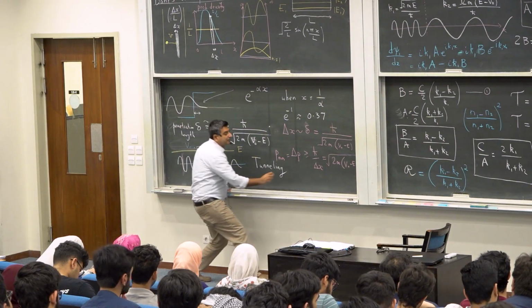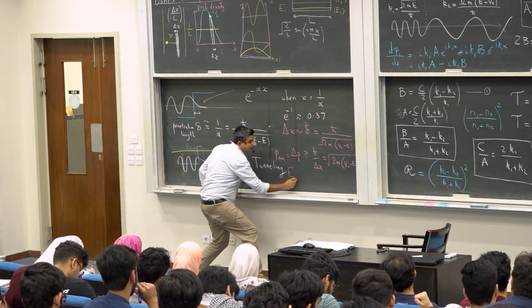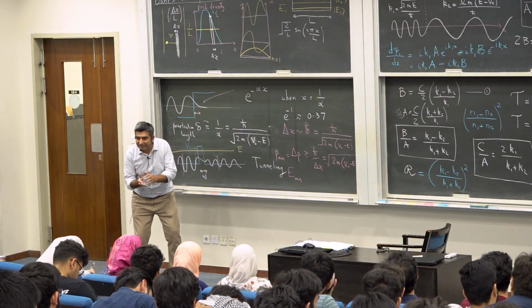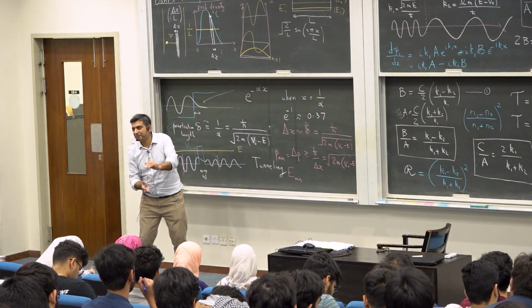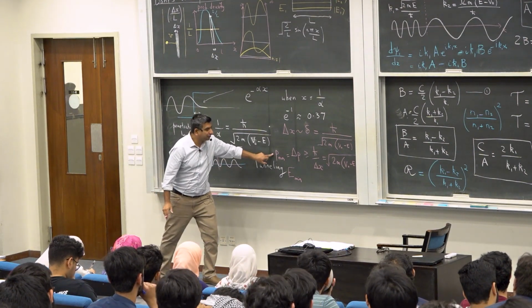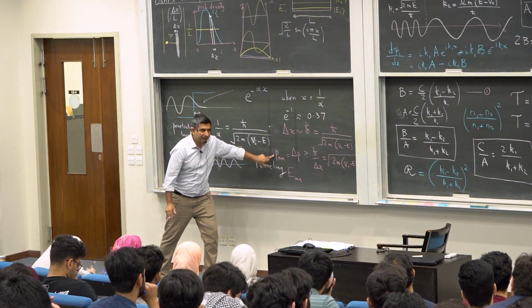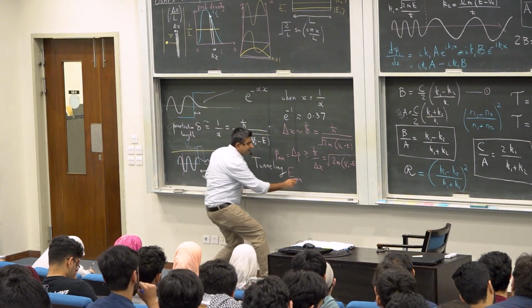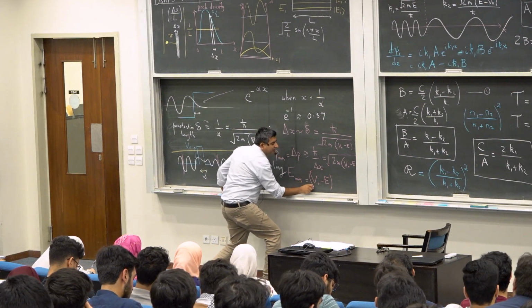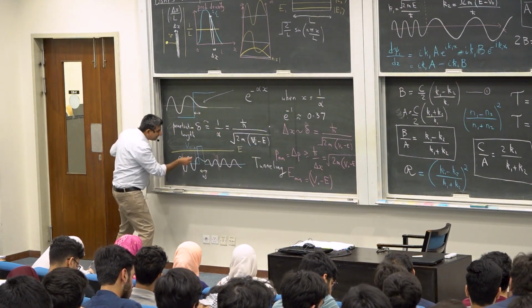So what is my minimum energy for this particle? If my particle is to be located in this small region, its energy takes up a minimum value. Remember zero point energy? That energy is p squared over 2m. This p minimum squared over 2m is now V0 minus E. But V0 minus E is simply this much.